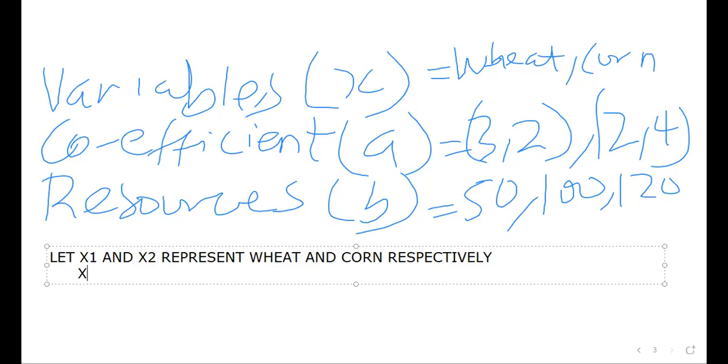So x1 plus x2 is equal to 50. I hope you understand why x1 plus x2 is equal to 50.